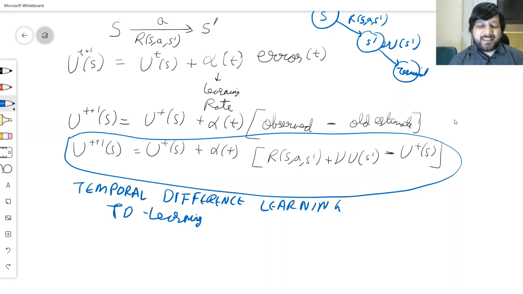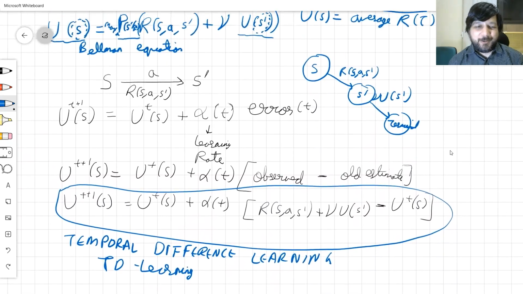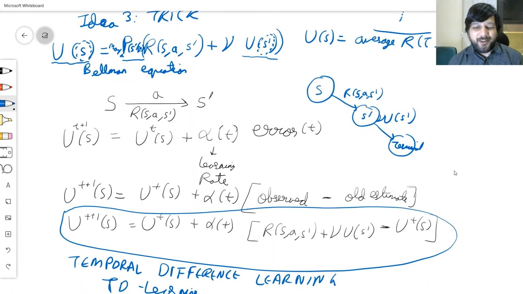But one thing that should be pretty inquisitive to you for an obvious reason is, let's compare the two equations. Ideally, my error value becomes 0, or this should be the target value of my U. So let's compare U convergent of S with this value. You see R(S, A, S dash), you see R(S, A, S dash), you see gamma, you see gamma, you see U of S dash, you see U of S dash.